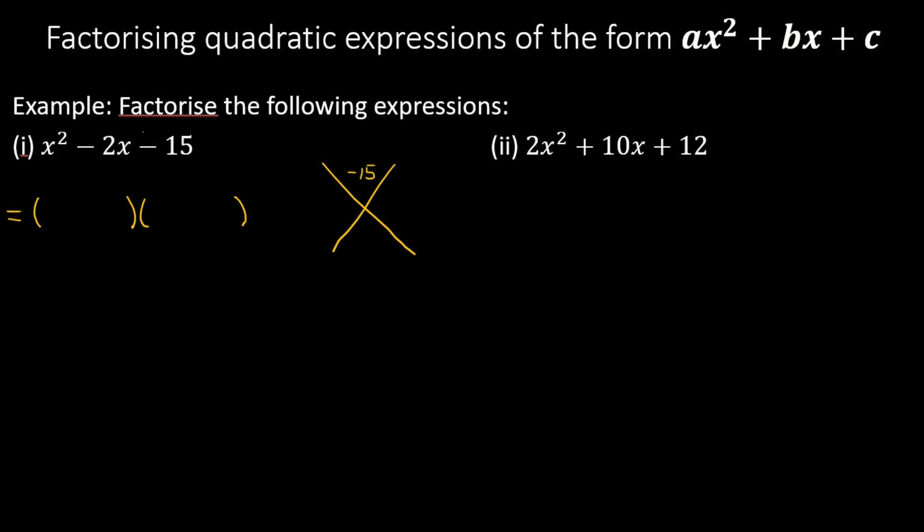Okay, now what do we consider? We consider the middle term, negative 2x. The coefficient is negative 2. Insert negative 2 here.